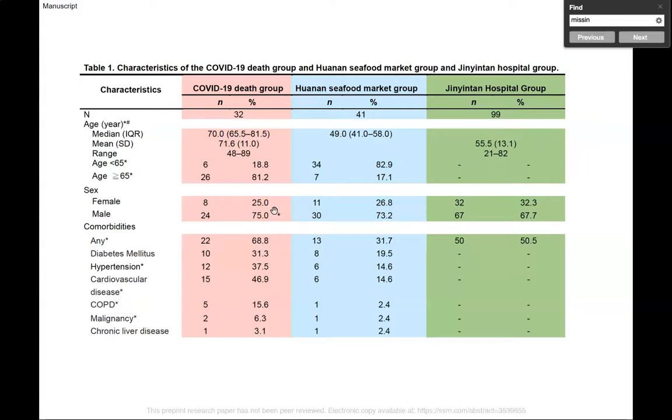So this is a case control study, and it's actually kind of a case control study times 2. Here are the cases and here are the controls in kind of study 1, and then here are the cases and here are the controls in study 2. So what makes it a case control study? So cases have to meet the case definition for the study.